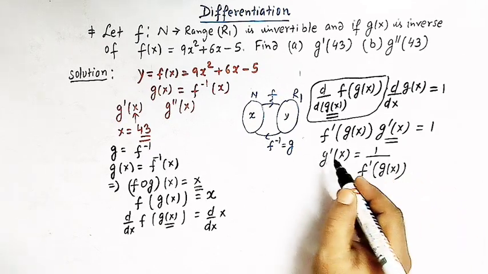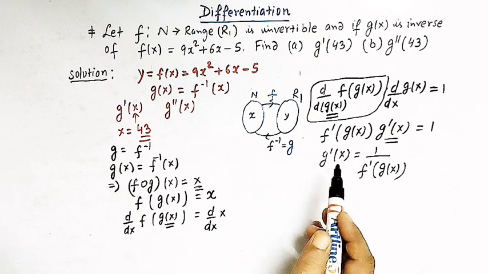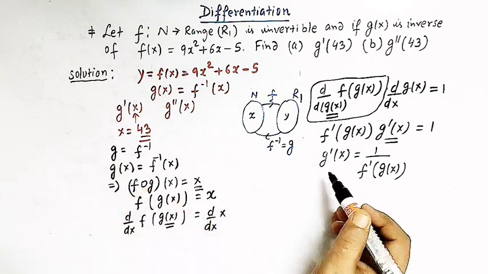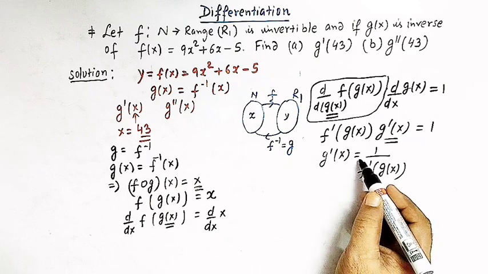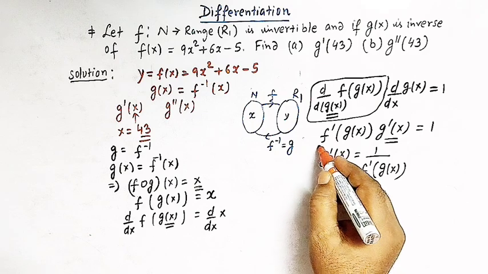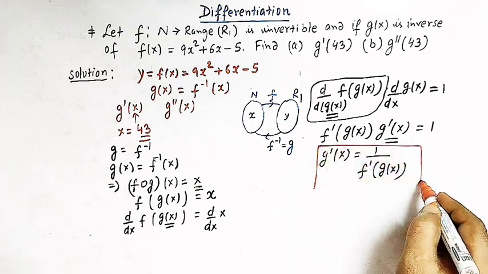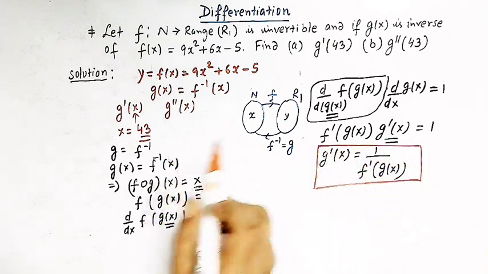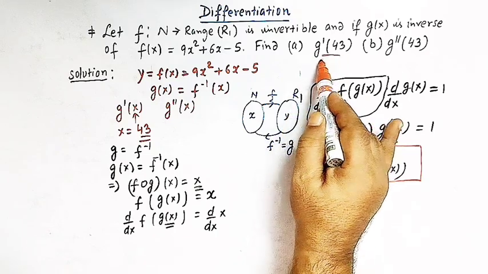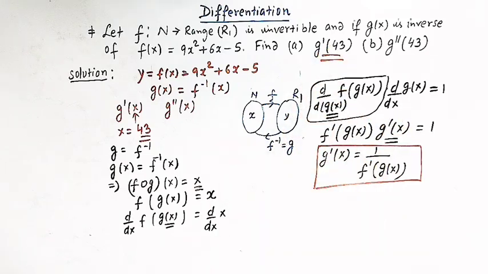So the expression for the derivative of the inverse function, that is g of x, is given by g prime of x is equal to 1 over f prime of g of x. We can use this expression to find out the value of g prime of 43.